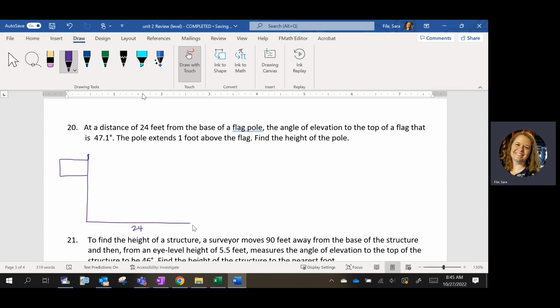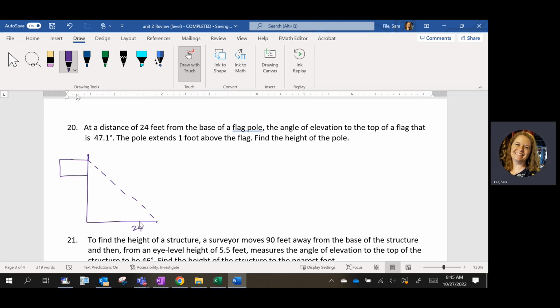The angle of elevation to the top of the flag, so the top of the flag, not the top of the pole. So we're reading carefully. Let me move my line, make it not quite so long there. I didn't draw that very straight.